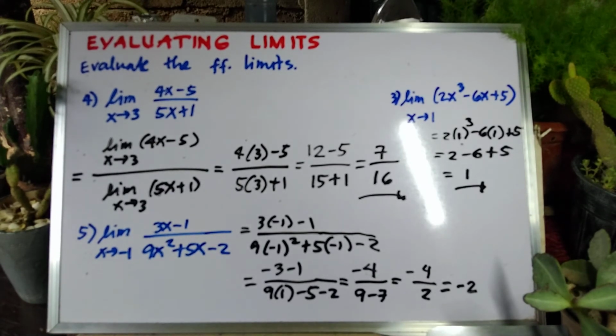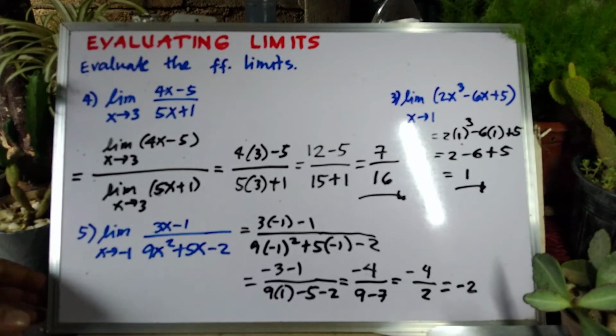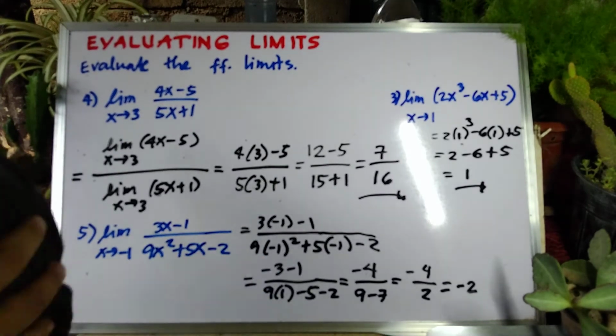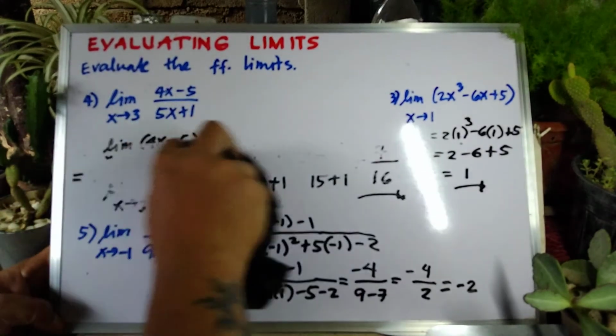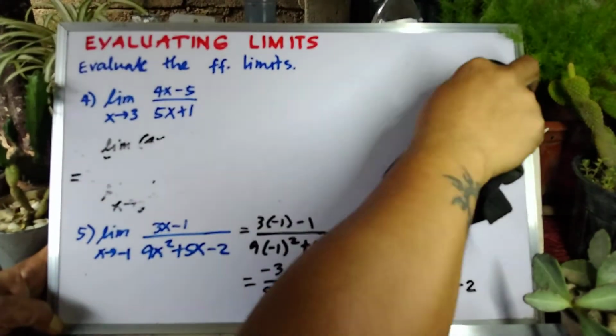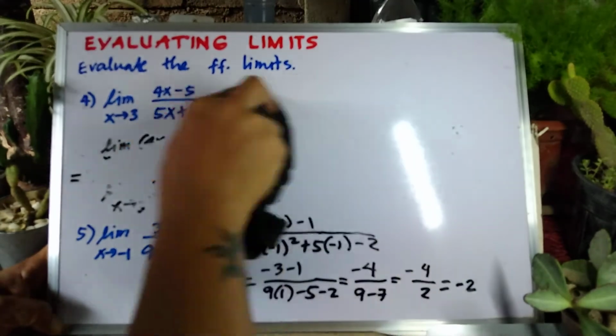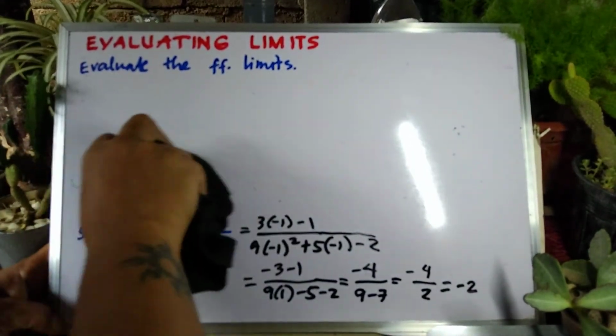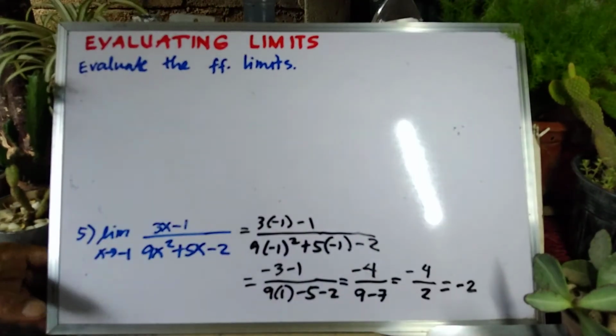So, ano pa ba ang pwede nating example dito? Ito, para marami yung examples natin. I hope may na-learn kayo sa mga examples natin. I'll give you another example. Okay.